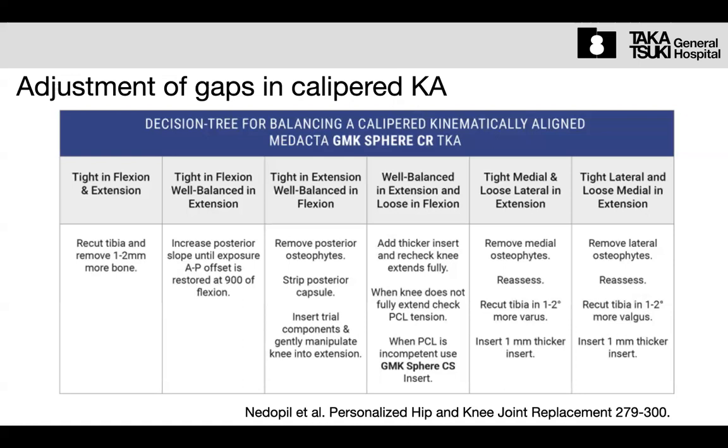The femur first. Decide the femoral component position first, respecting the patient's ordinary articular surface. It is not for kinematic alignment to change the joint line, especially on the femur side.